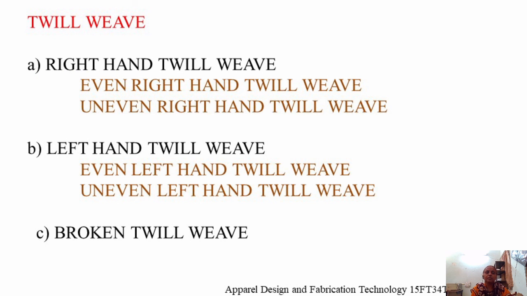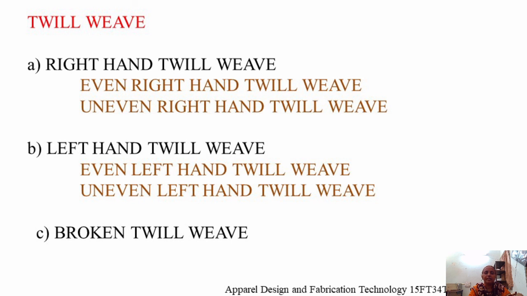Twill weave. Twill weave is again classified into 3 groups: right hand twill weave, left hand twill weave and the broken twill weave. So by seeing the diagonal effect, you can identify the right and the left hand twill weave, and the broken twill weave is a combination of both the right and the left hand twill weave.